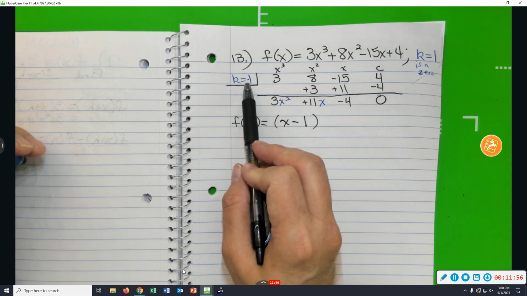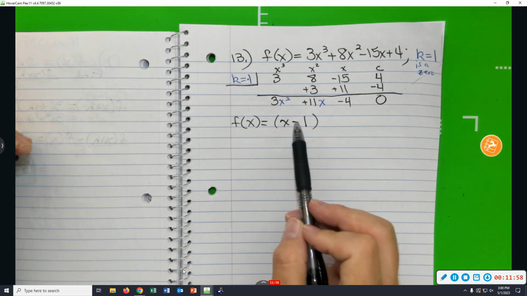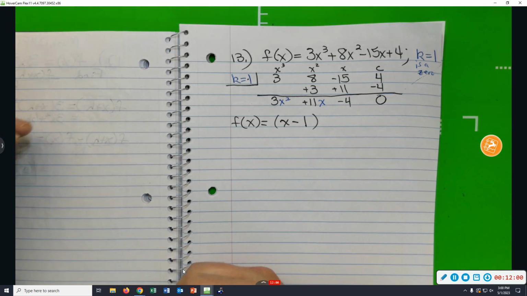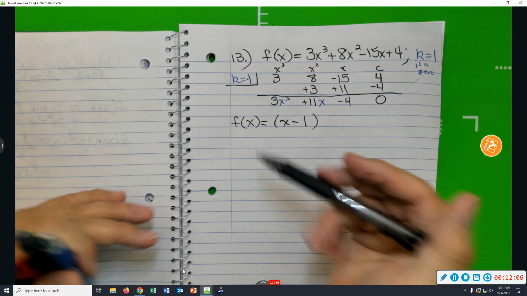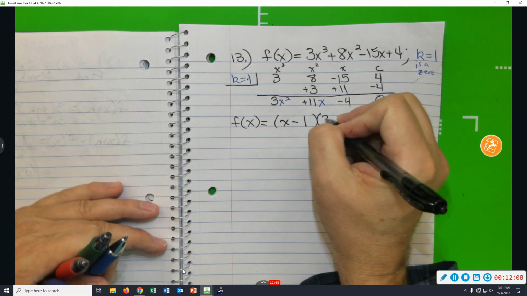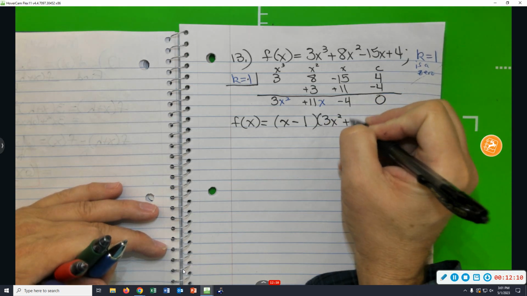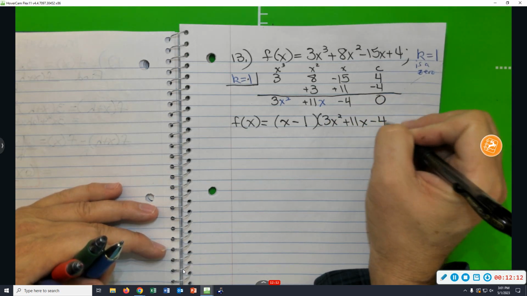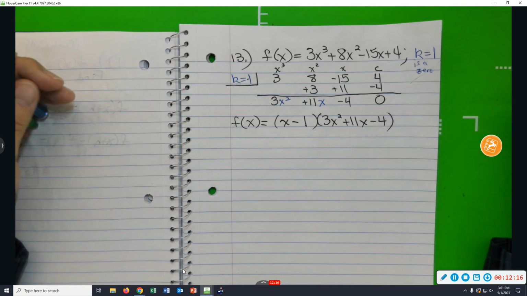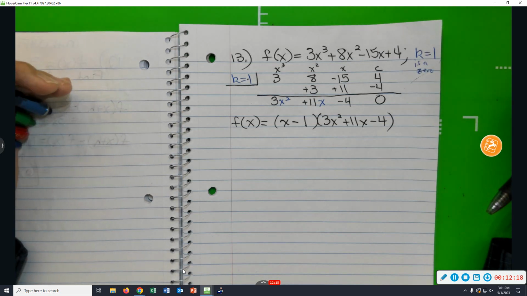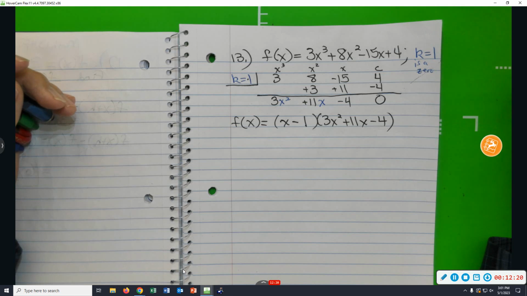That 0 was a positive 1, so you have x minus 1 as the first factor. So the divisor times the quotient, 3x squared plus 11x minus 4, will give us the dividend, 3x cubed plus 8x squared minus 15x plus 4.